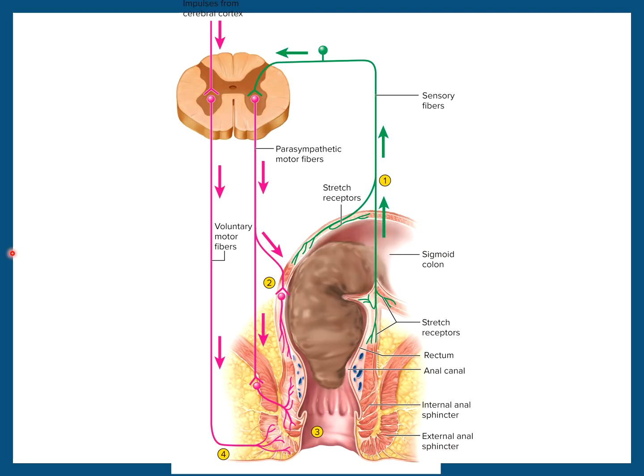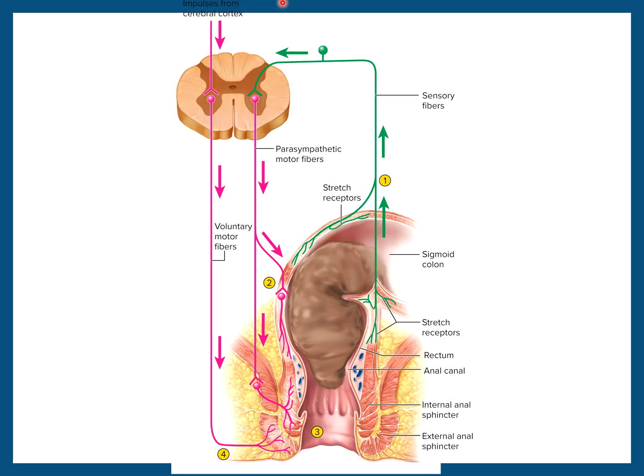So if we look at what happens as feces leaves the sigmoid colon and starts to fill up the rectum, that feces is going to start putting pressure on the surrounding tissues where that plexus is found. So feces will stretch the rectum and it's going to stimulate these stretch receptors, which will then transmit signals to the spinal cord by a sensory or afferent nerve.